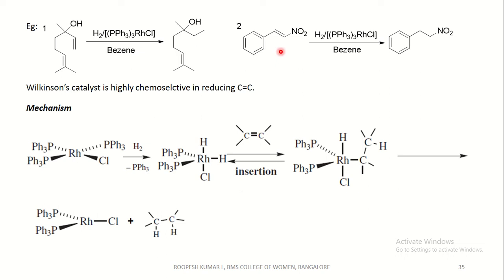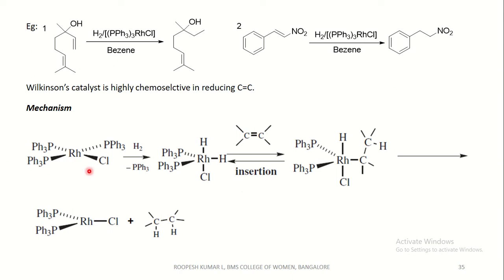Coming to this molecule, which has two functional groups, alkene and nitro group, it gets converted to the corresponding alkane, but the nitro group doesn't reduce to the corresponding amine. Wilkinson's catalyst is highly chemoselective in reducing carbon-carbon double bonds. That is, Wilkinson's catalyst just reduces the carbon-carbon multiple bonds, but not the other functional groups like carboxylic acid and nitro.